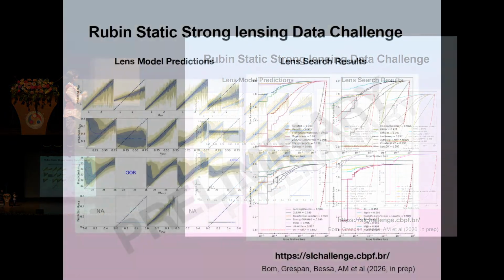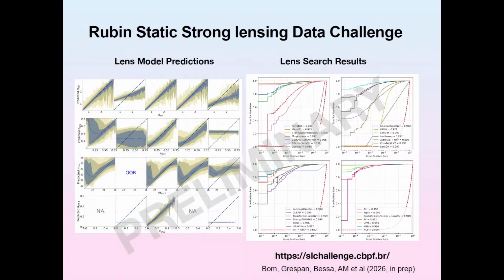So on the left hand side, we are showing the results from the lens modeling. On the x-axis, we have the expected parameters like the Einstein radius, ellipticity, magnitude of the background source, size of the background source, and so on, and the y-axis shows the predictions. The columns are for different teams.